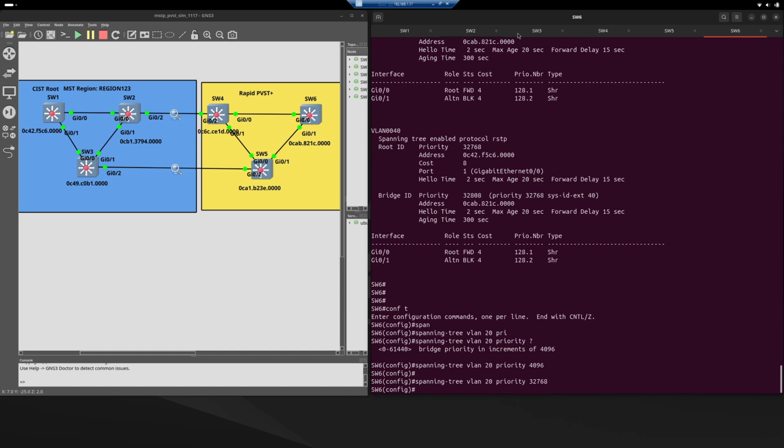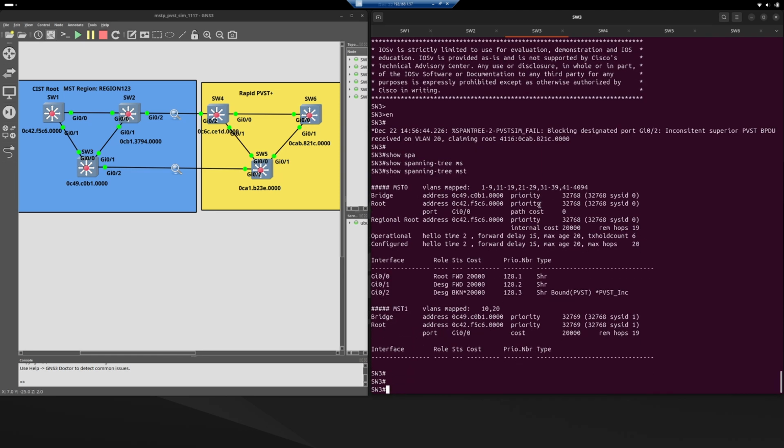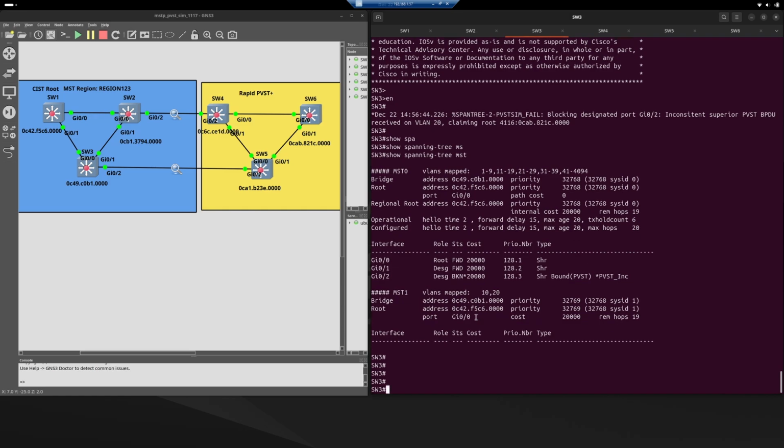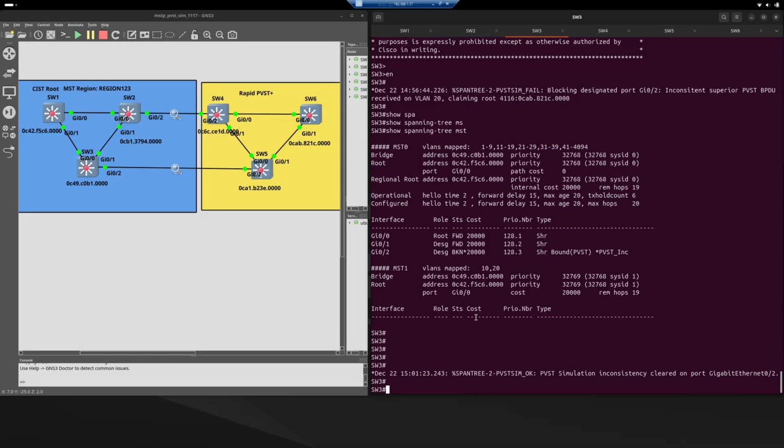And when the max age timer expires, so in about 20 seconds, we should receive a syslog message indicating that the port is unblocked. And here it is, pvst-simulation inconsistency cleared.